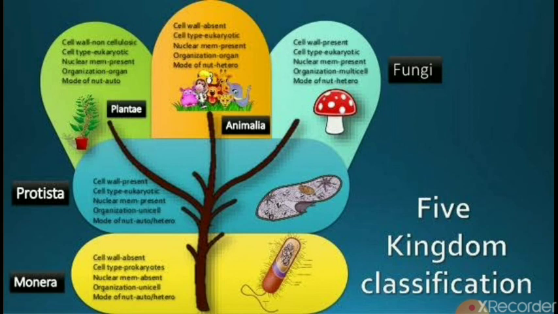In these organisms, a well-developed nuclear membrane is absent, and a well-developed cellular organization is absent. Different modes of nutrition, like autotrophic and heterotrophic, are present in the members of kingdom Monera.